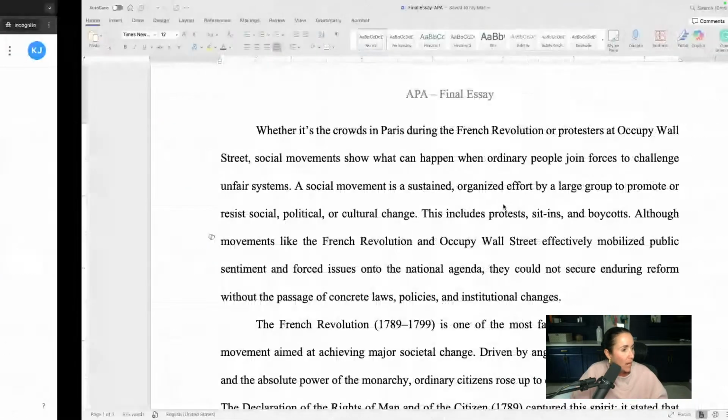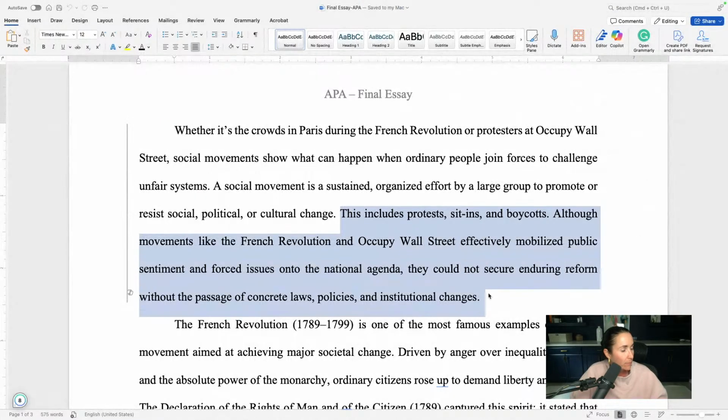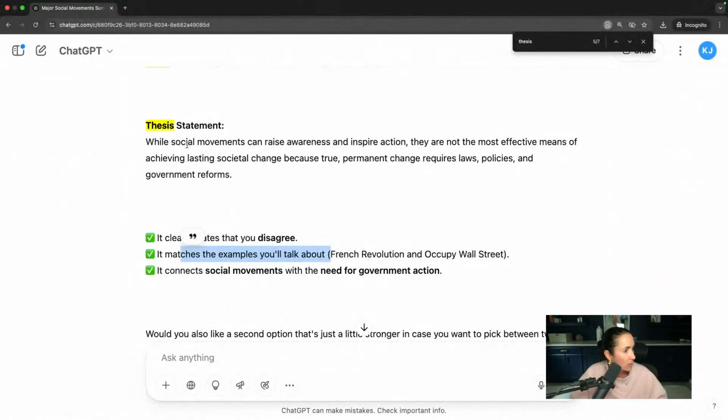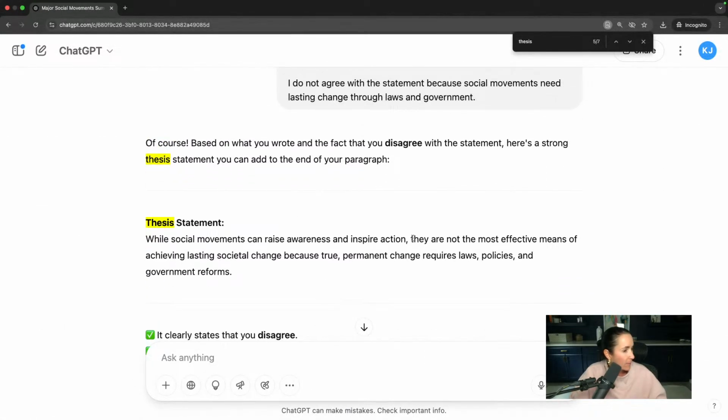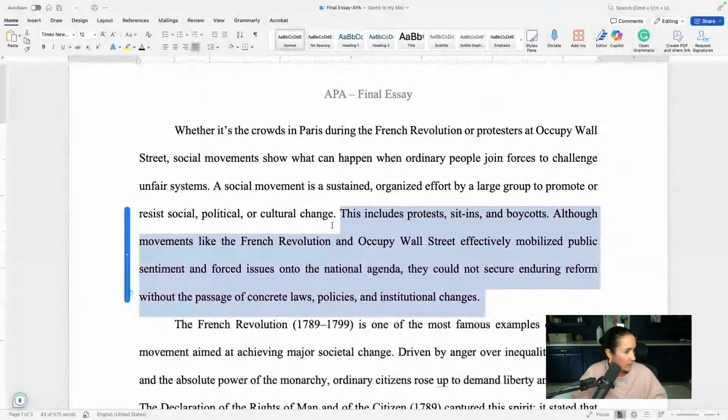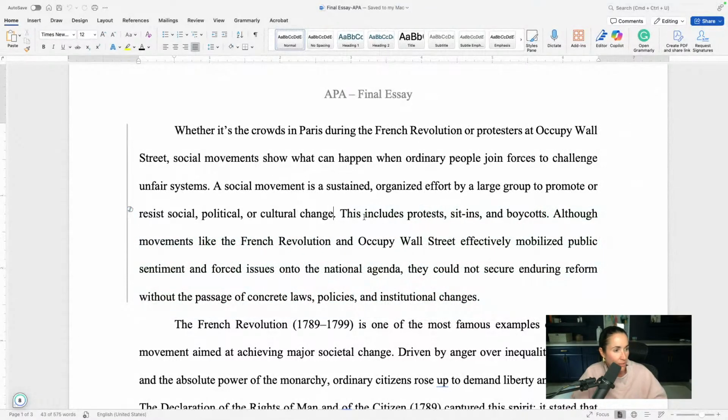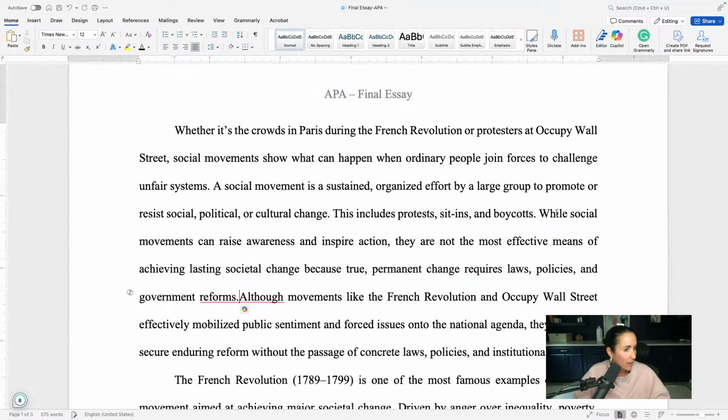You know what? I did like this part here, but what I'm actually going to do is add this in front of my thesis statement here. After this includes protests, sit-ins, and boycotts, I'm going to put that in there. While social movements can raise awareness and inspire action, they are not the most effective means.